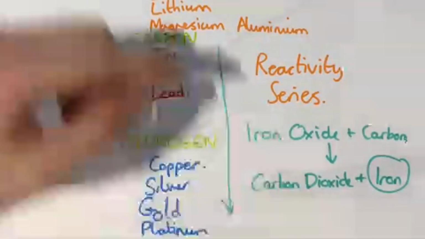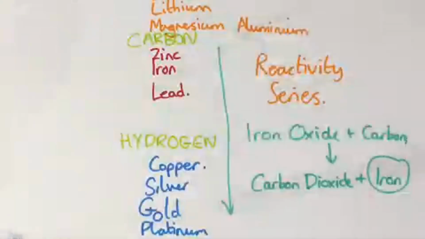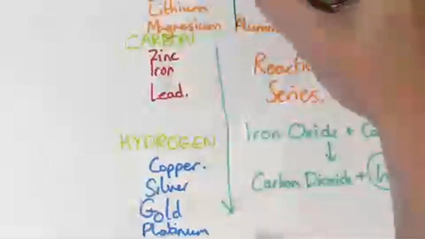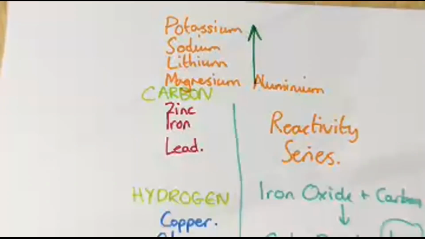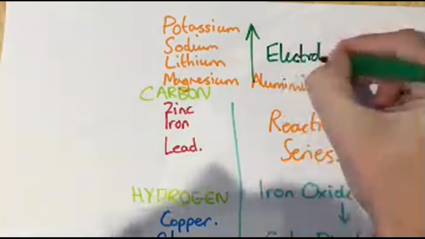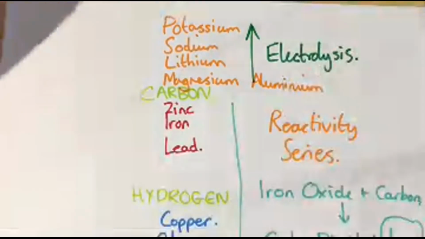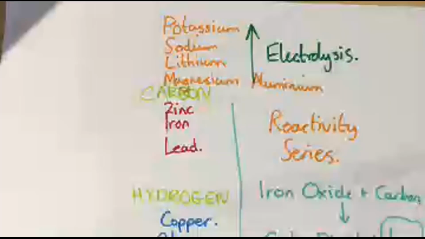So to go back to that electrolysis thing, everything above carbon can't be extracted with carbon, so you need to use electrolysis. The question in point was talking about the electrolysis of aluminium oxide.